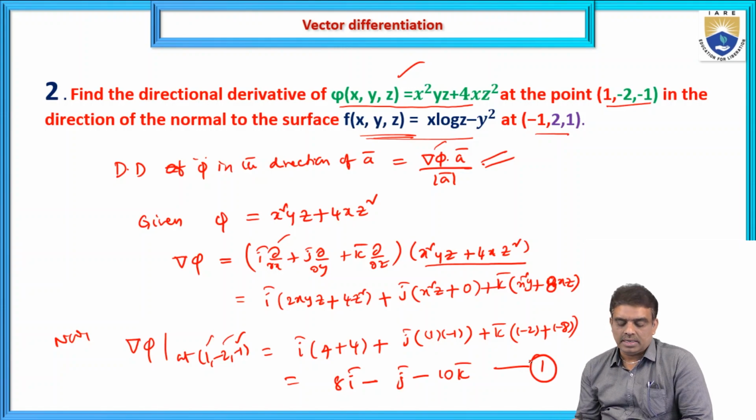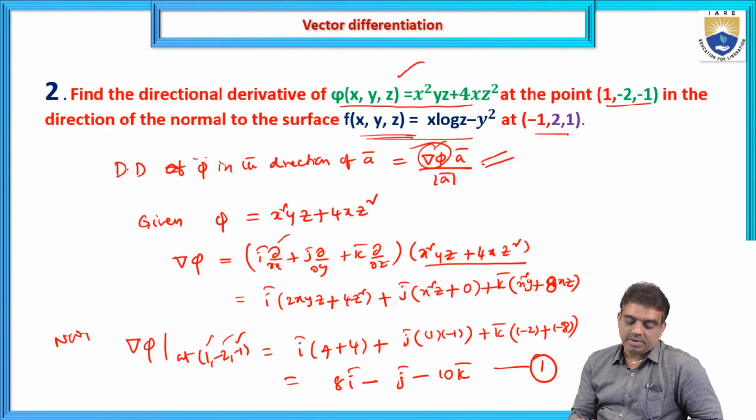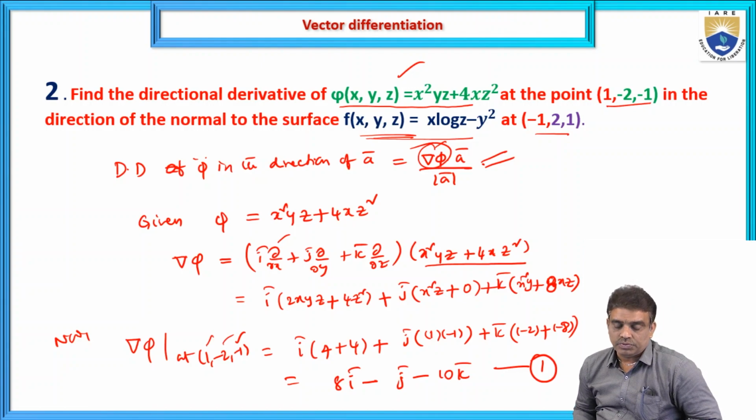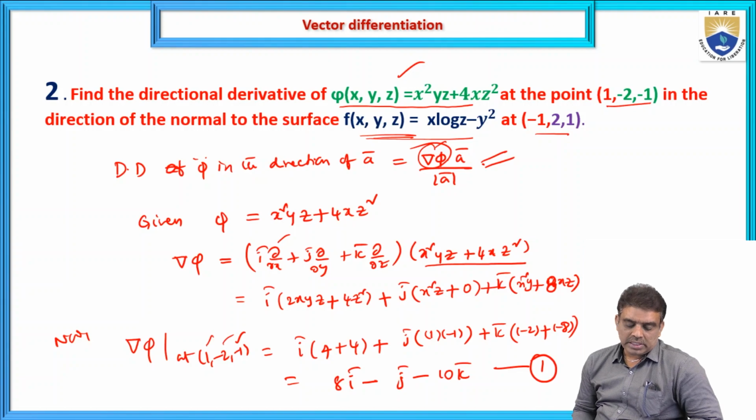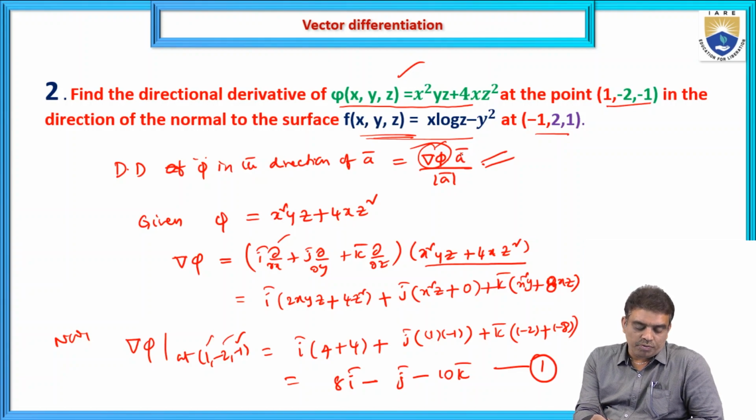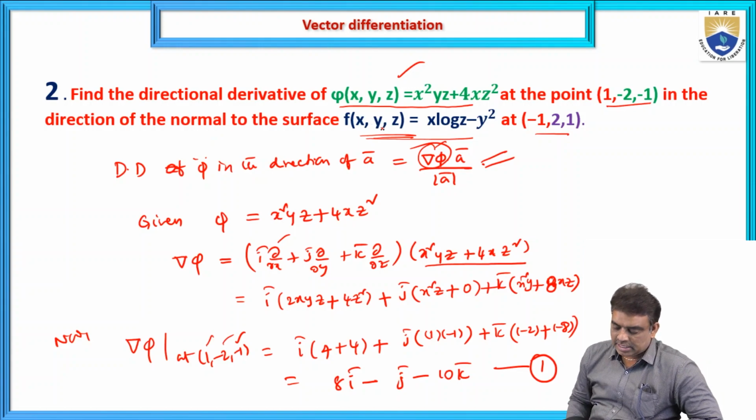Now we have calculated the first part of the problem, grad phi at the point 1 comma minus 2 comma minus 1. Now what is the second part? We have to find a bar. How to find a bar? A bar is the normal vector to the surface given at this point.